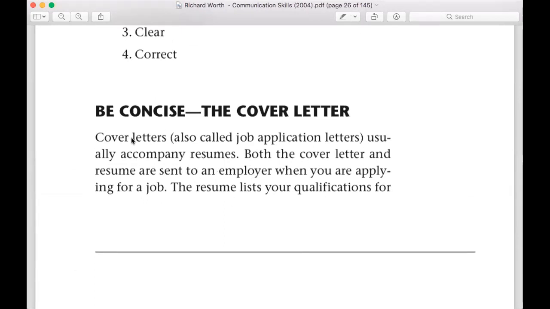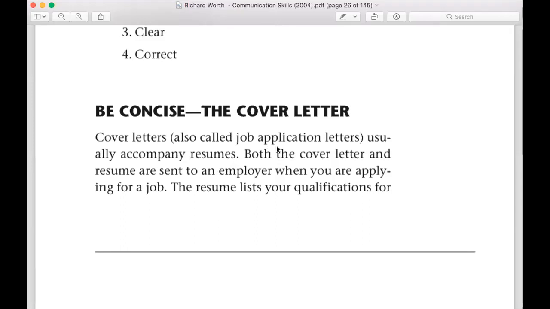I have already told you that the cover letter is also a job application. And the cover letter, of course, covers something. What does it cover? It covers your resume or a CV, right? So a cover letter does not go independent. It's not an independent kind of writing. It has to accompany another written document, which can be a CV or a resume.